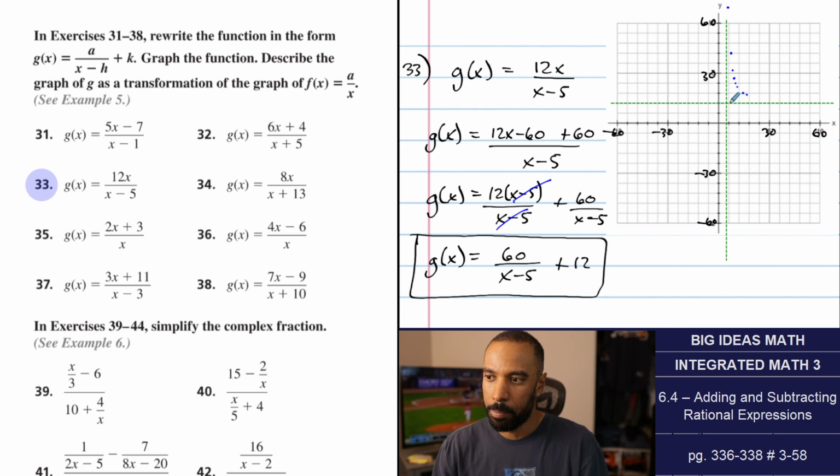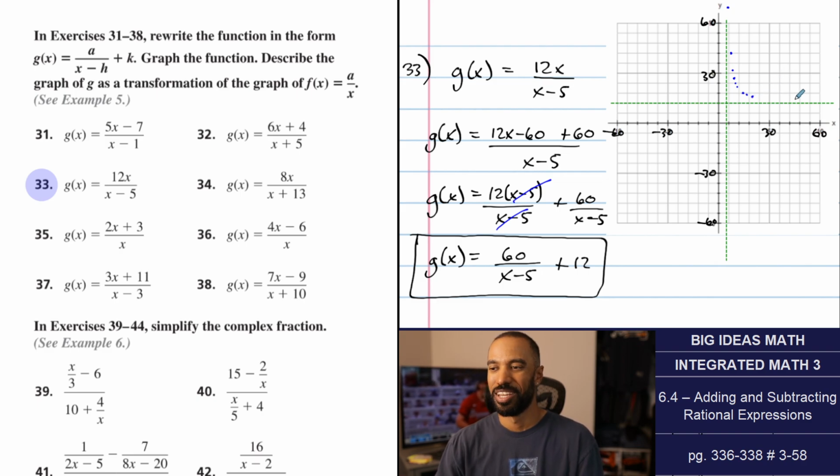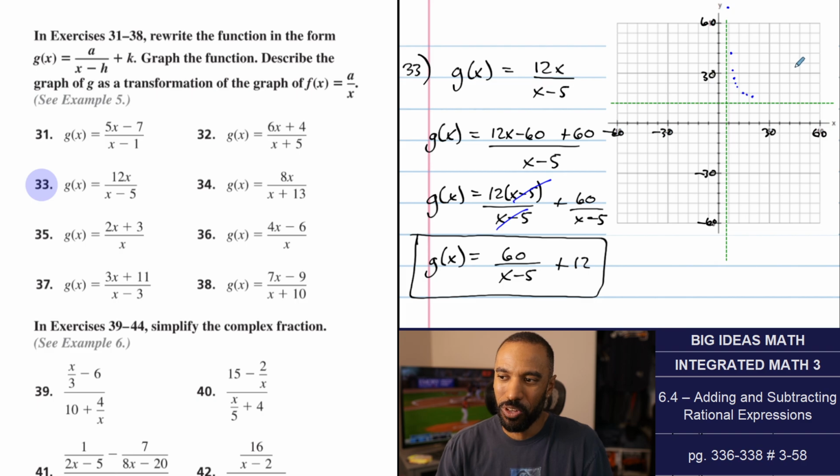15 away is 4 up. Jeez, why am I doing this? Look, it's a curve. 20 away is 3 up. So 6, 12, 18, 19, 20 is halfway up there.